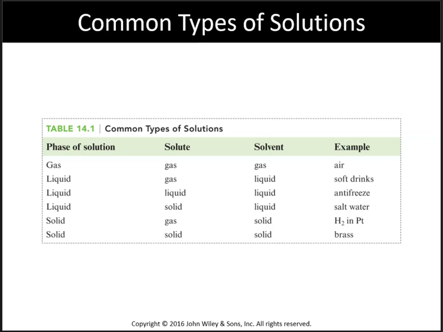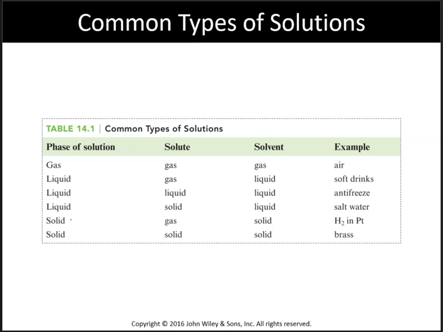So soft drinks are an example of that type of solution. We can have a solution in a liquid phase composed of a liquid like antifreeze, or we could have solutions composed of a solid and a liquid. You basically dissolve a solid in a liquid, like salt water or sugar water.